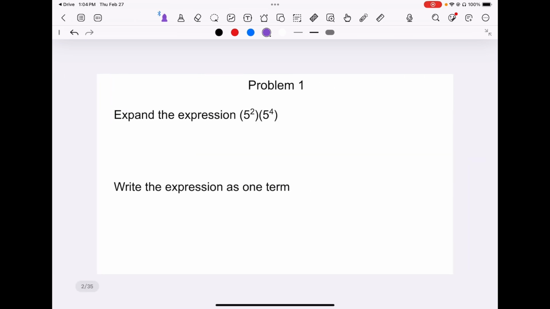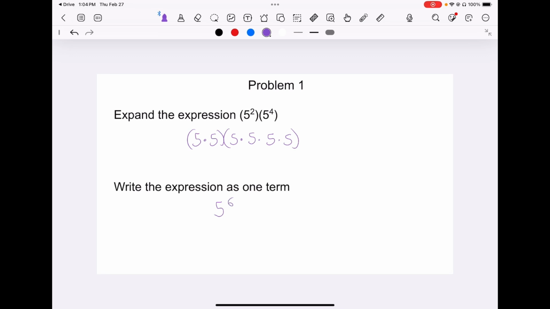So the first problem, we're going to expand this expression, and then we're going to write it as one term. So we have 5 to the second power, which is 5 times 5, times 5 to the fourth power, which is 5 multiplied by itself 4 times. Now I notice I just have all 5's being multiplied, and there's 6 of them.